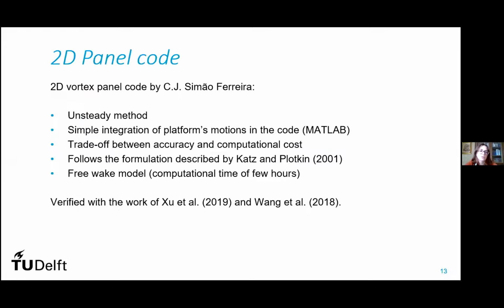So about the methodology, I've been using this 2D vortex panel code, which was developed by Professor Ferreira from TUDelft. And it is an unsteady method, which allows a simple integration of the platform's motion in the code, since it's written in MATLAB. And it was chosen as it is a trade-off between accuracy and computational cost.